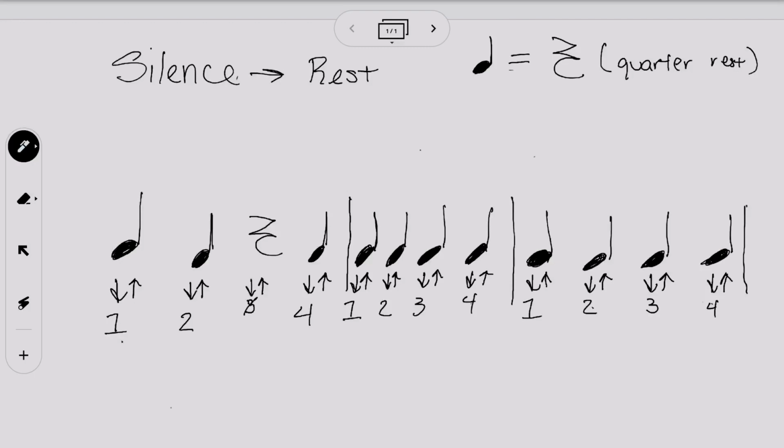Freeze. Did that rest get you a little bit? It almost got me. Let's try that one again. Down, up, ready, go. 1, 2, 4. 1, 2, 3, 4. 1, 2, 3, 4. Freeze. How did you all do?